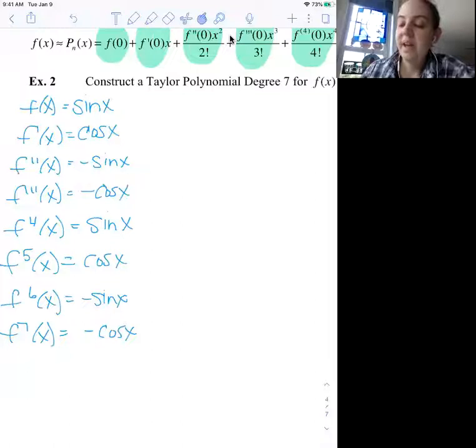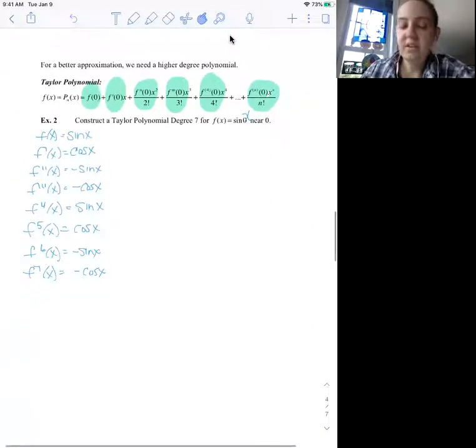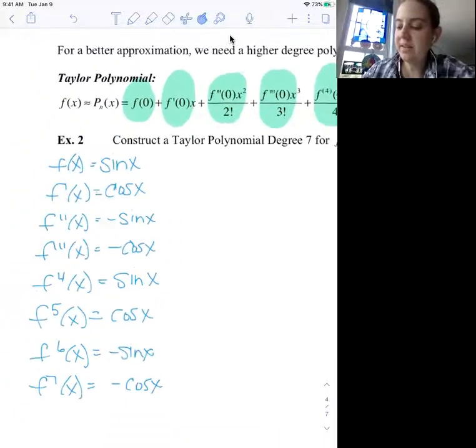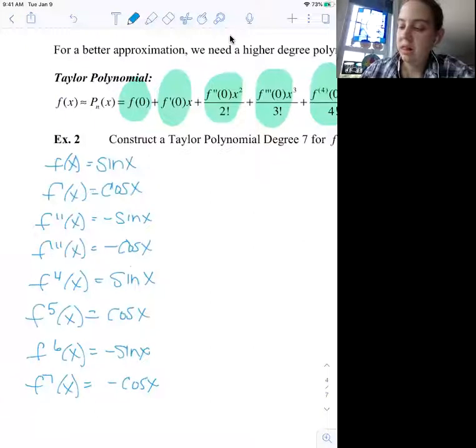Now we need to evaluate them all at 0. If I'm centered around 0, I find the value of these derivatives all at 0. So instead of rewriting all of these out, I'm going to say over here at x equals 0. I'm going to cheat on the function notation a little bit. So sine of 0 is 0. Cosine of 0 is 1. Negative sine of 0 is 0.